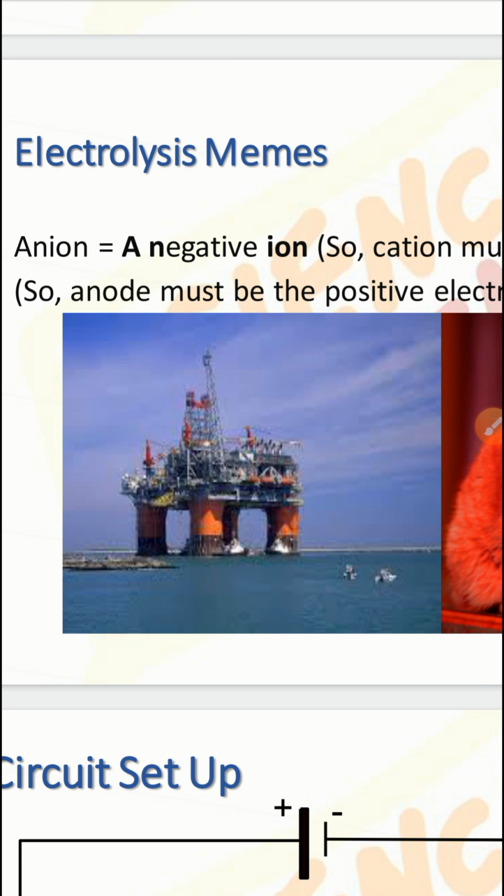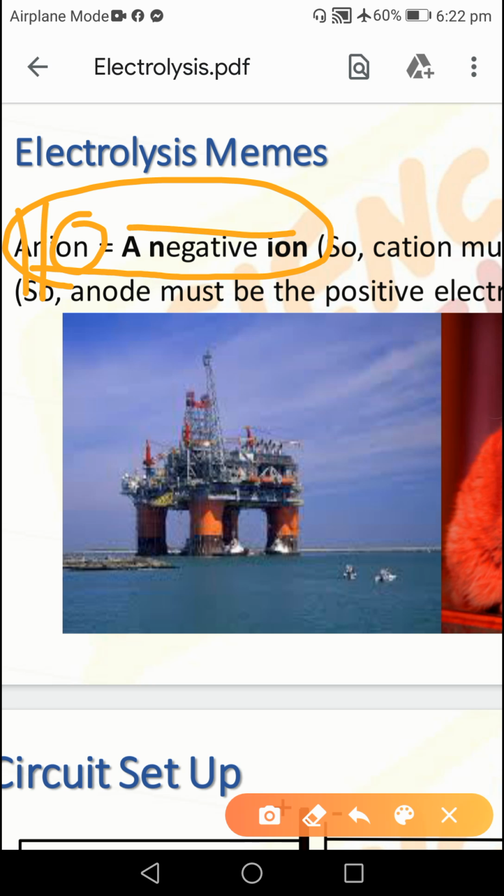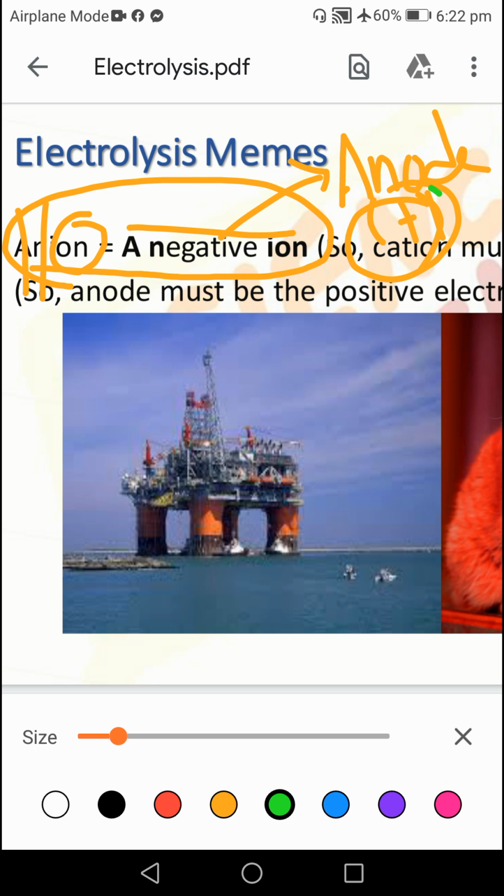Since I started with anion, I'm continuing with it. If anion means a negative ion, then cation must be a positive ion. And since anion is negative and the anion goes to the anode, the anode must be positive, because only a positive can attract a negative.